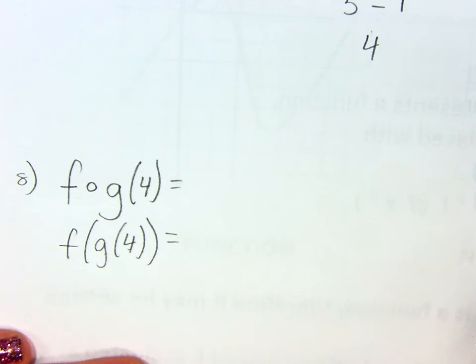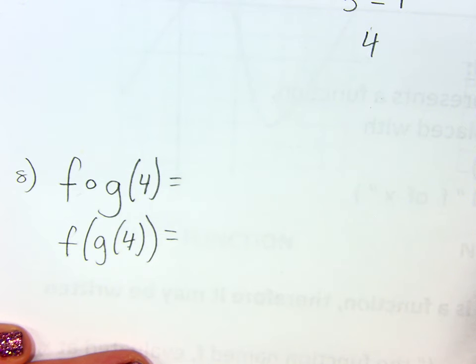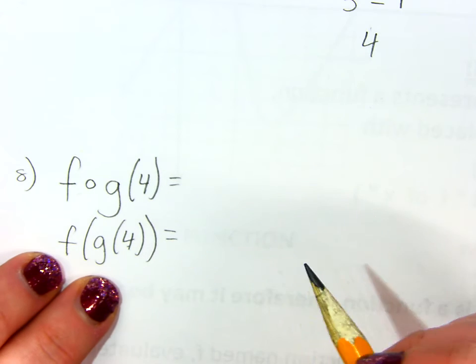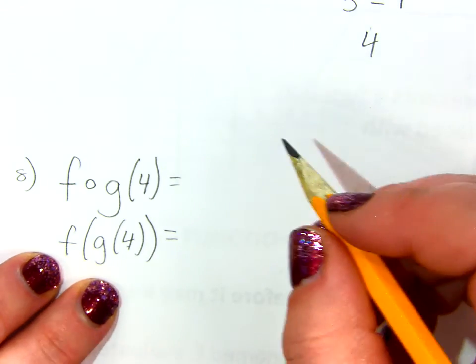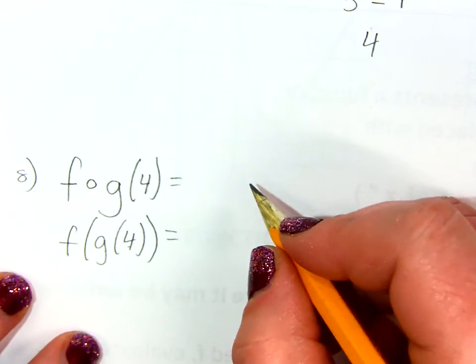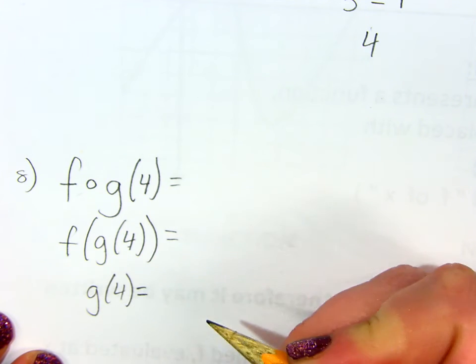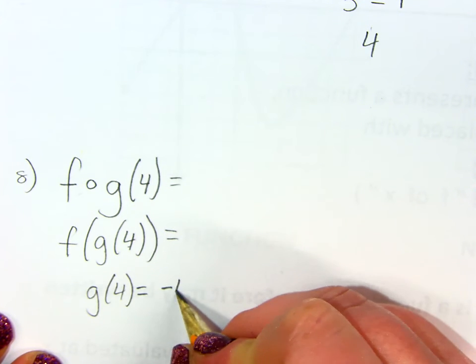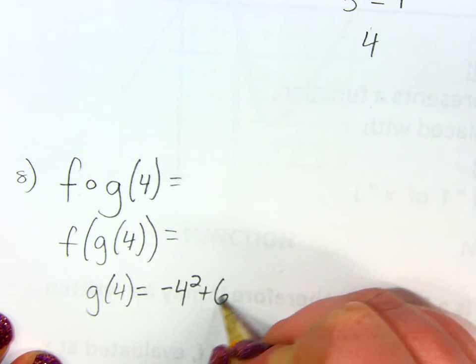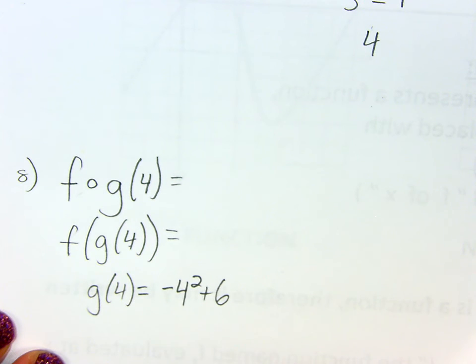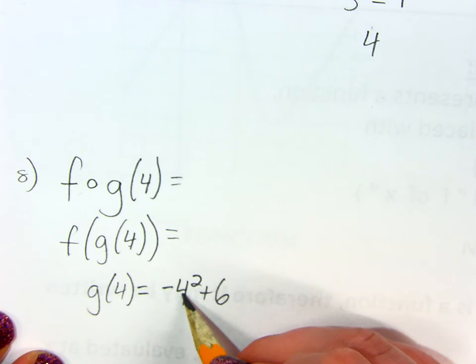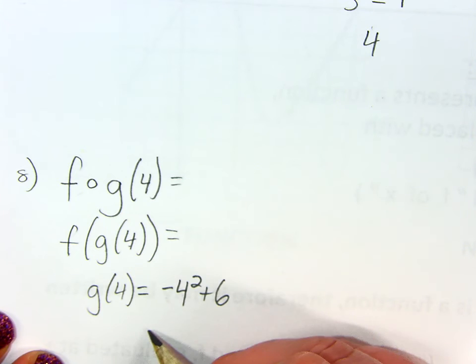So let's try it. Let's take 4 and plug it into g. So be careful. Maybe I'll just do g of 4 down here. So g of 4 would be, careful with that negative sign, right? So that's negative 10 would be my final answer.